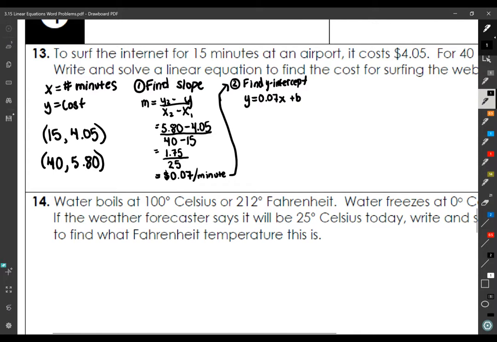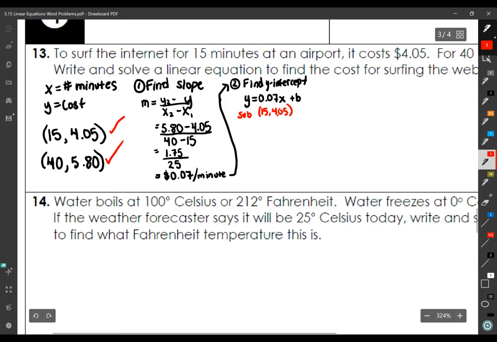Now what we're going to do is we're going to substitute one of the points. It doesn't matter which point. I promise you, regardless of which point, you will get the same answer for b. If you don't believe me, try it yourself. Okay, so I'm going to substitute the point 15, 4.05.